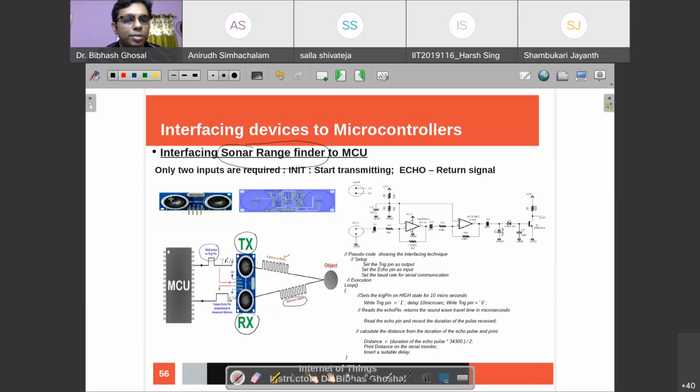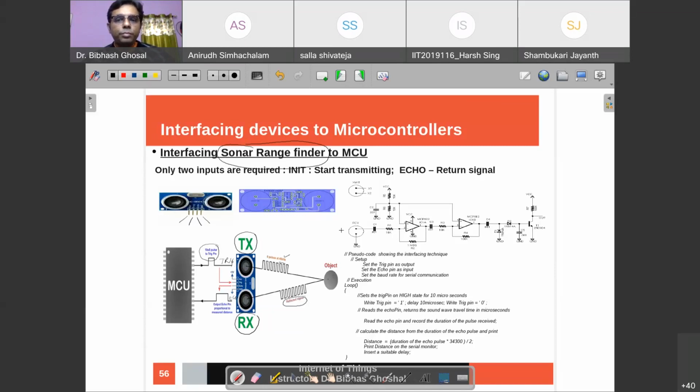If you look at this sonar sensor, you have trigger, which is the pulse which will trigger the transmitter, and we'll receive it through echo. And then we have VCC and ground. This is overall the picture. This is the sensor chip. This is the circuit diagram as you see.